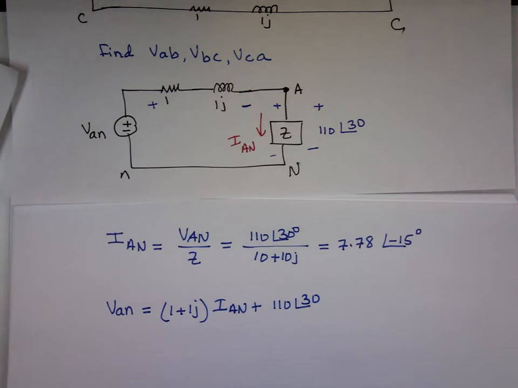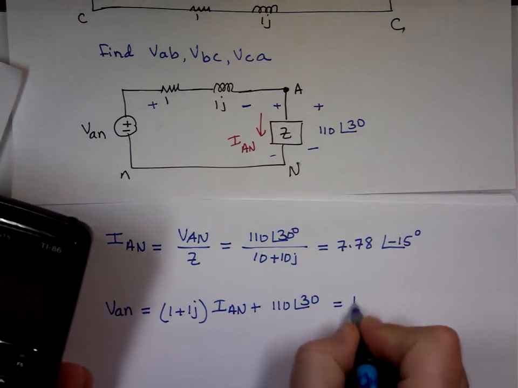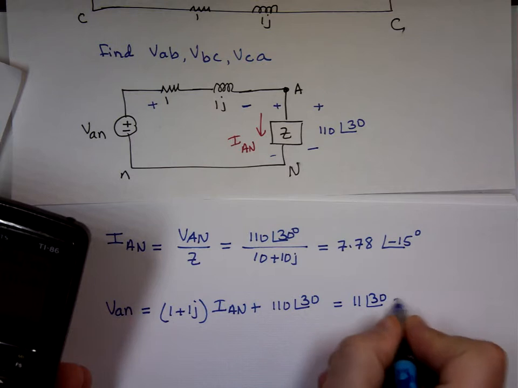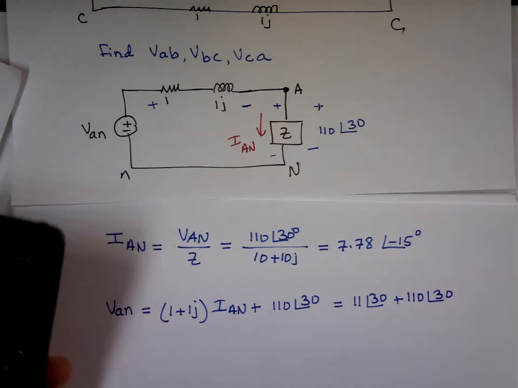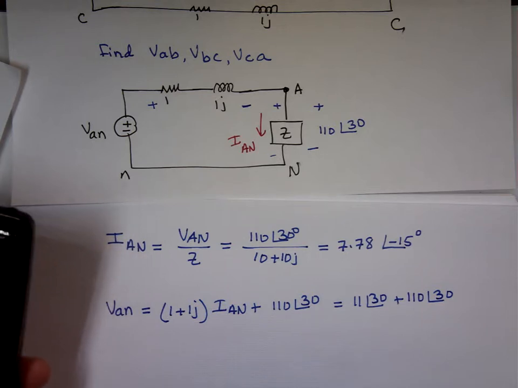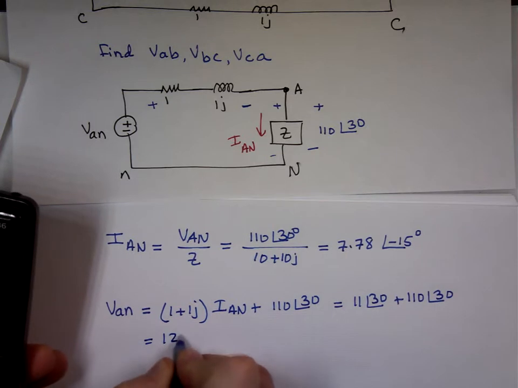So let me do the math. 1 plus 1J times I sub AN is 11 angle 30, plus 110 angle 30. And when you add them, it's the same angle, so that should be 121 angle 30.